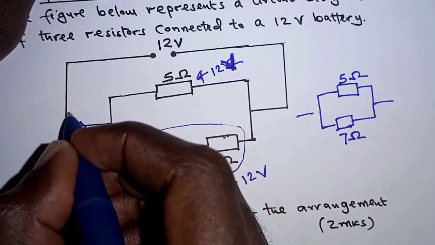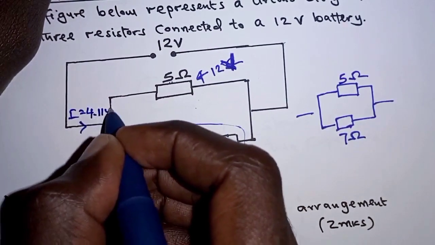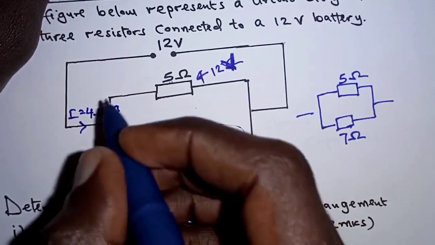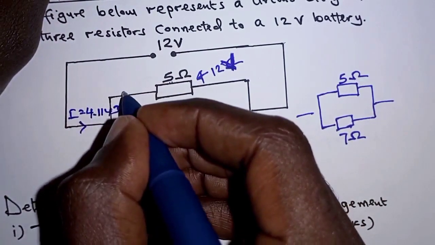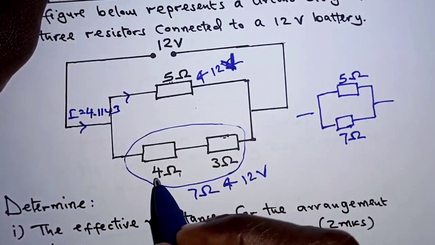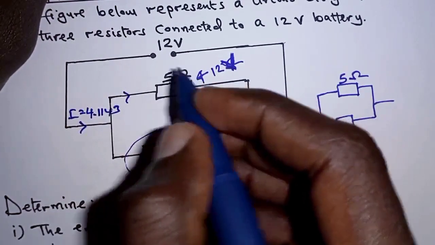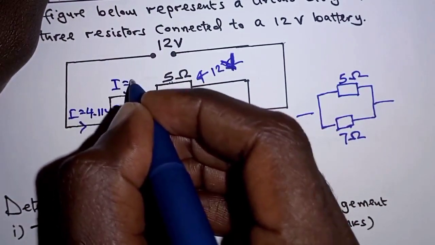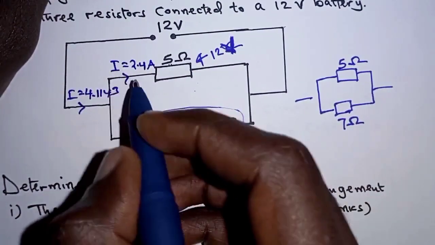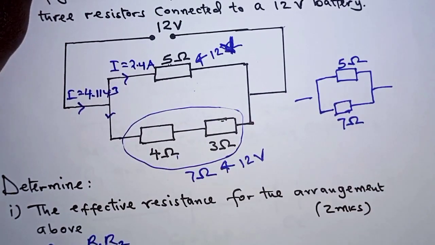So the total current, as we've determined, is 4.1143. Now this current, when it comes to this junction, by Kirchhoff's law, it splits so that we'll have some current flowing to the 5 ohm resistor and the rest through the 4 ohm resistor and 3 ohm resistor. So the current through 5 ohm resistor we've gotten to be 2.4 amps. That means the remaining current will be flowing through the 4 ohm resistor and 3 ohm resistor.